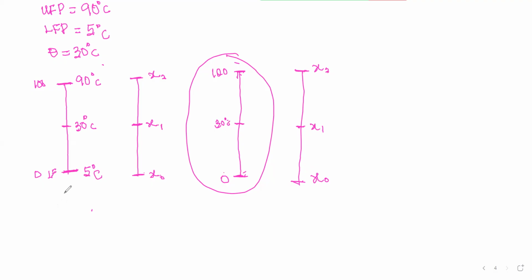So the whole length will be 90 minus 5, which is 85 centimeter. So x2 from the lower fixed point is 85 centimeter.